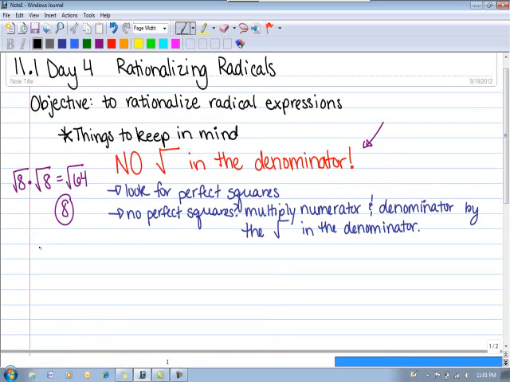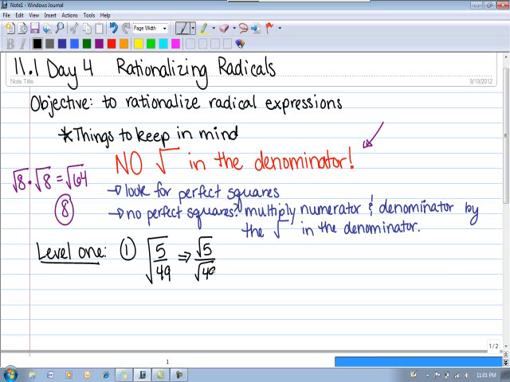Our level 1 questions won't actually require us to get to the second step at all because they're going to have the perfect squares that we need. So level 1, our first problem, is the square root of 5 over 49. 5 doesn't simplify with 49 at all, so I'm going to split this into two little radicals and take it as the square root of 5 over the square root of 49.